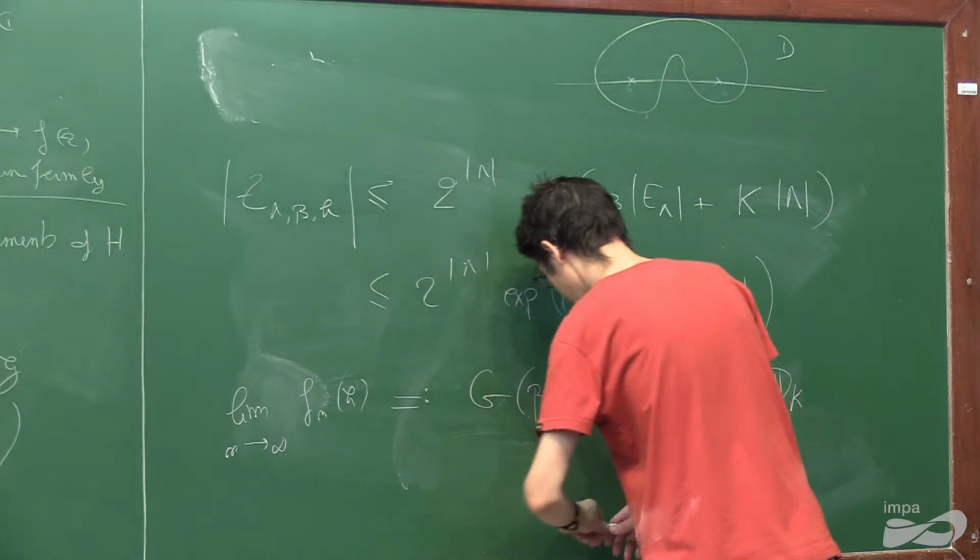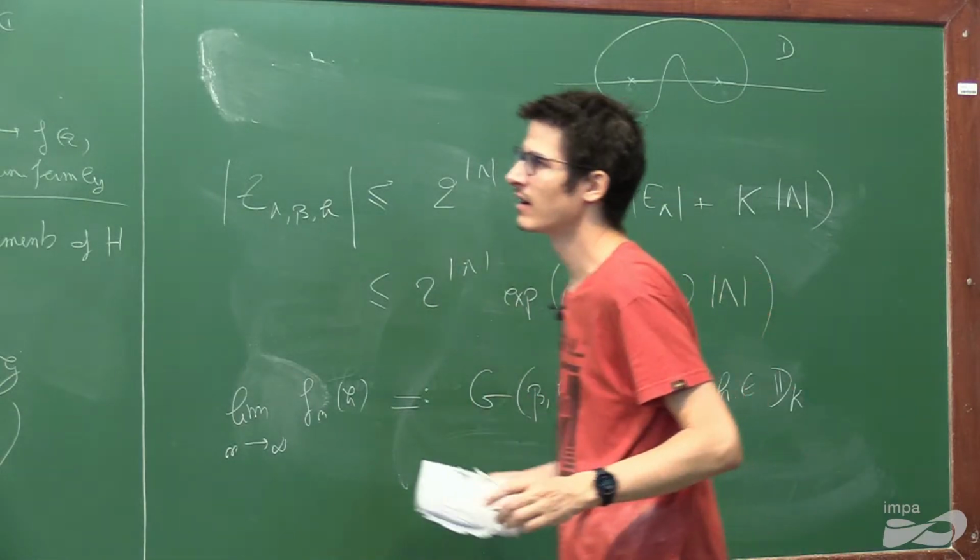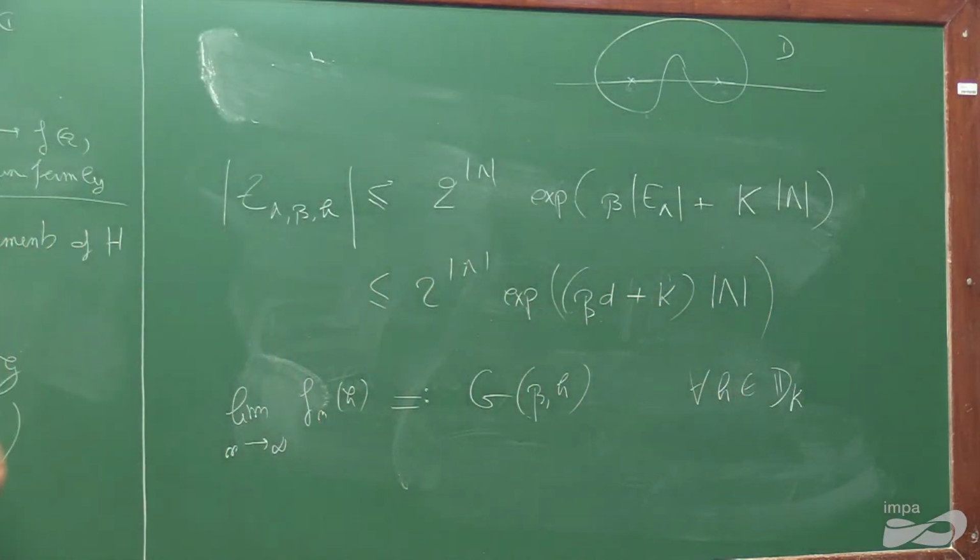So if you remember, what we wanted to show is that basically the free energy is analytic on the line. So we don't really need to have an extension on D, we just need to have an extension on a neighborhood of the line.